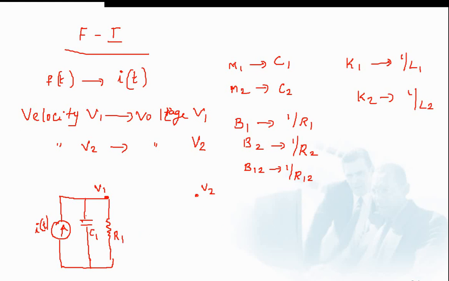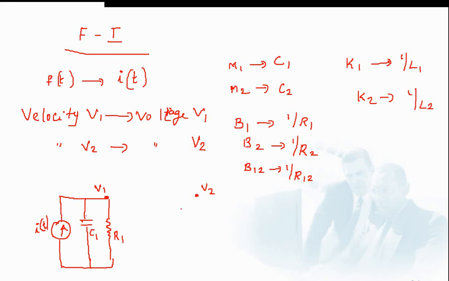Now, what are the other elements? As you see, there is a spring K1 and a damper B12 that are connected in between mass M1 and M2. Since they are connected in between mass M1 and M2, the analogous elements corresponding to spring K1 and damper B12 are an inductor L1 and a resistor R12. You can see an inductor L1 analogous to spring K1 and a resistor R12 analogous to damper B12.